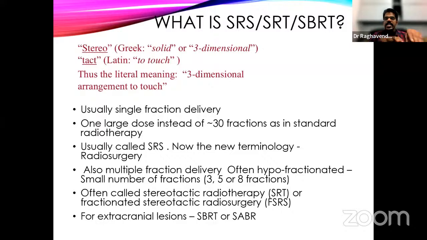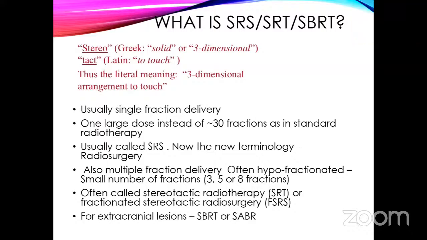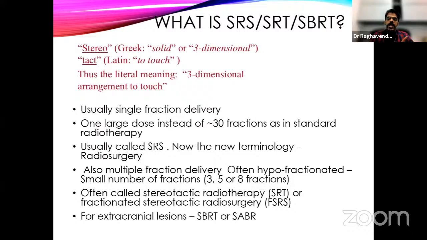If it is intracranial, we use the words SRS, SRT. There is no hard and fast rule on this, but it is the conventional use. SRS, SRT is generally used for intracranial. When we move to extracranial lesions, we use the word SBRT, stereotactic body radiotherapy, or stereotactic ablative radiotherapy, SABR. They replaced the earlier words with these two.